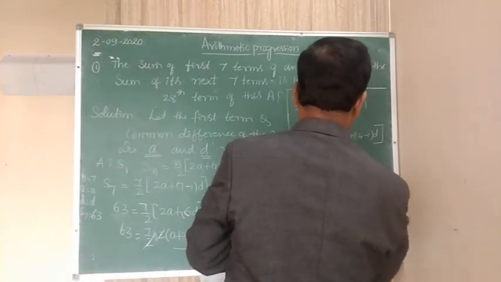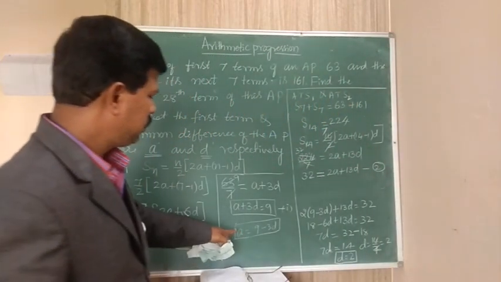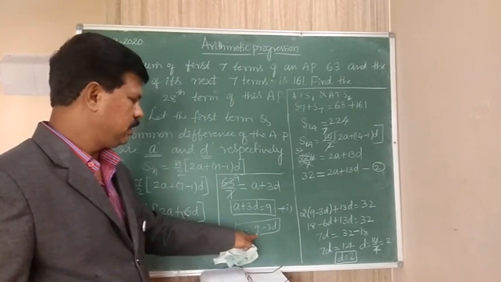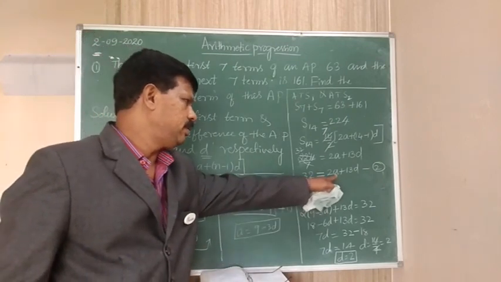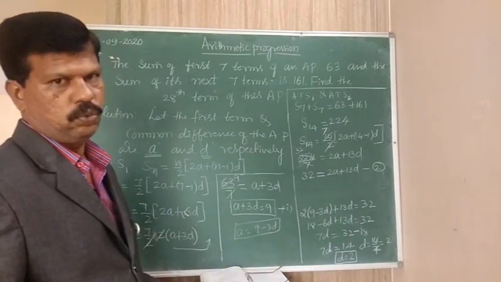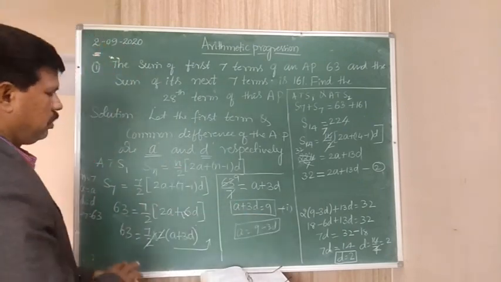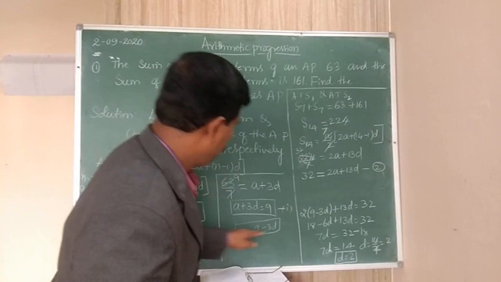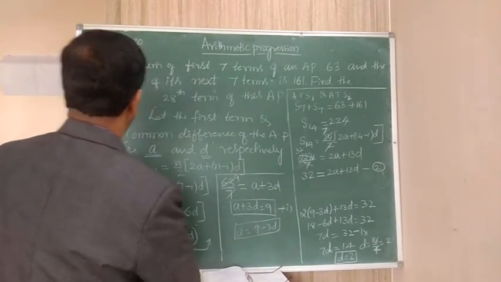So this is equation 2. Now from this, a is equal to 9 minus 3d. So substitute the a value 9 minus 3d here, then 13d, and simplifying, d is equal to 2. Clear? Now after finding d, substitute that value here.